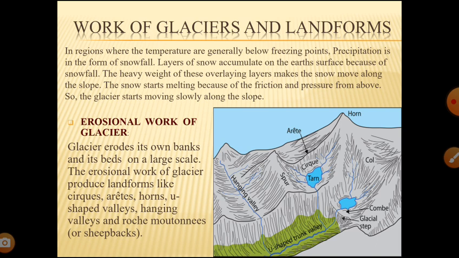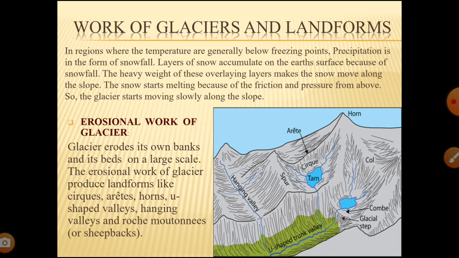The heavy weight of these overlying layers makes the snow move along the slope. Here the meaning of accumulate is to collect a number or quantity of something over a period of time. The snow starts melting because of the friction and the pressure from above.